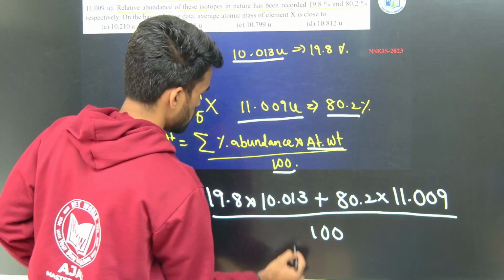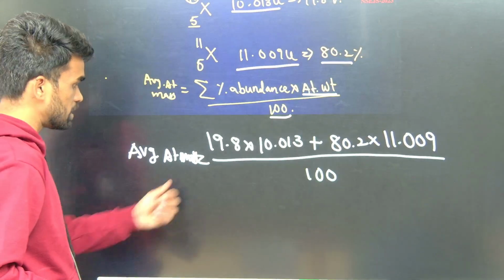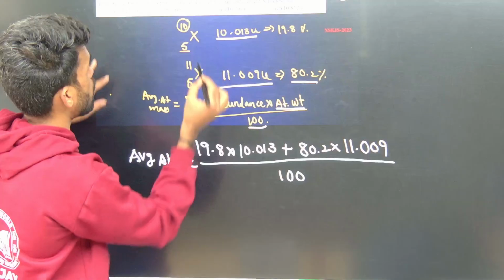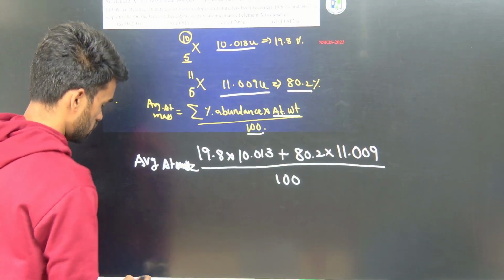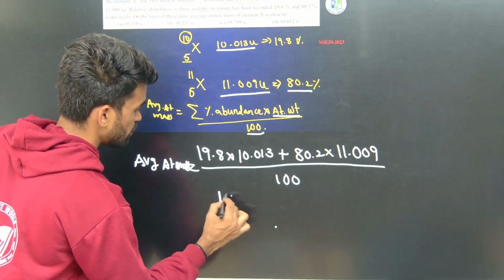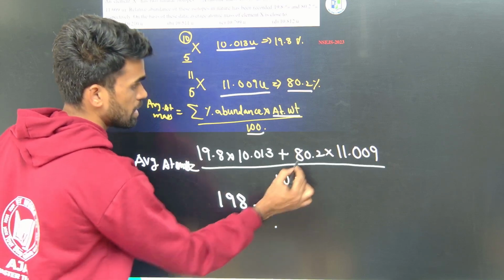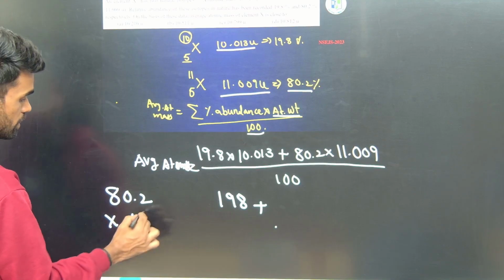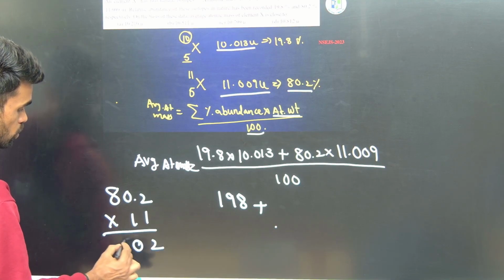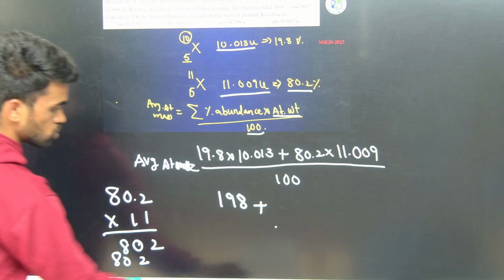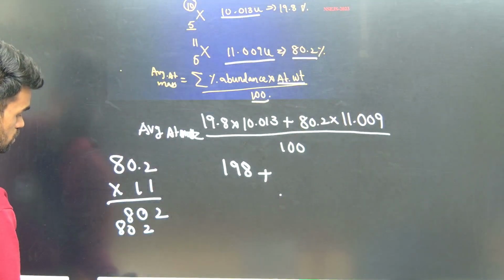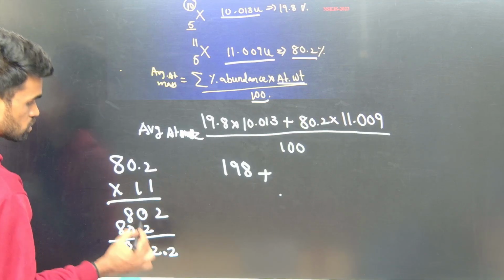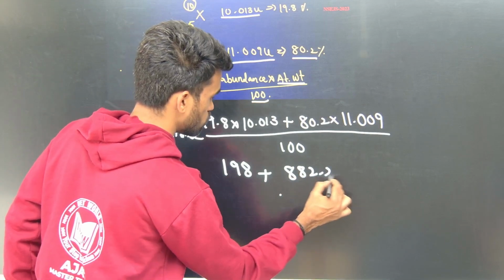So it will be like this. This will be 19.8 into 10 around. I am just taking it as 10, so that we get at least the nearest option here. So it will be 198, let me take this and we will check. And this will be how much? 80.2 multiplied with 11, so it will be 882.2, divided by 100.